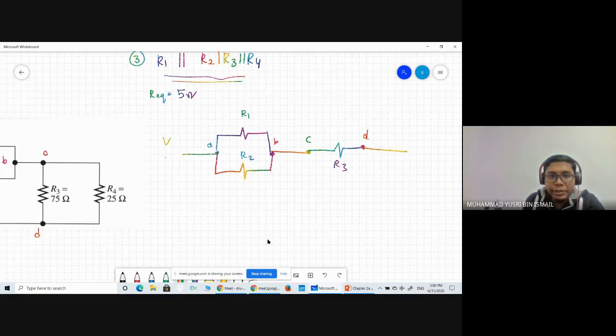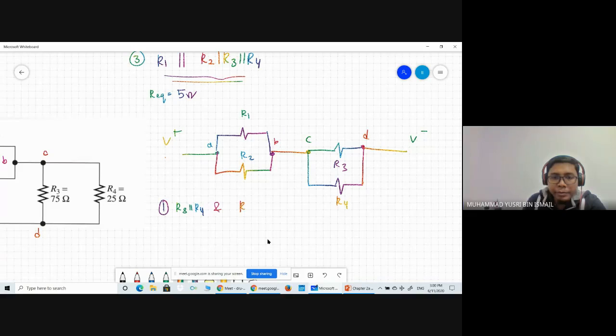Node D will then return to the negative. So this is V positive, this is V negative. In between C and D, there is also another resistance, which is R4. If we simplify the circuit, we will have R3 parallel with R4, and R1 parallel with R2.